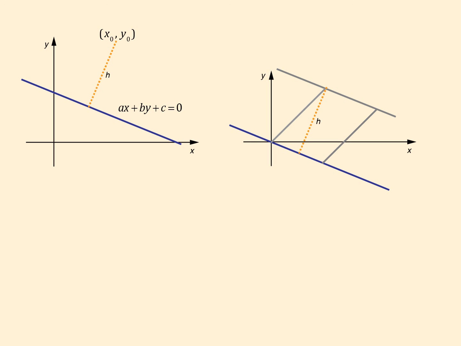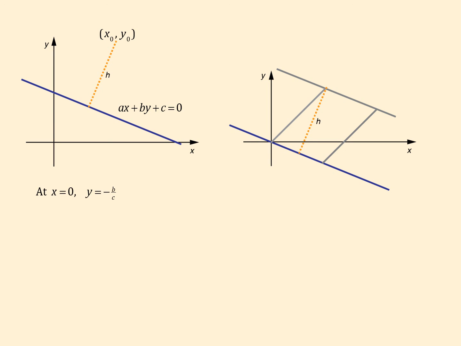To do that, we need the value of the y-intercept, and then we're going to subtract that distance from the y-coordinate of the point, y0, and also adjust the equation of the line.